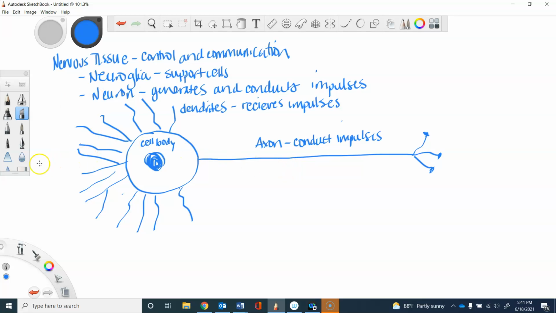So information comes in this direction and the response goes down the axon. Axons, again, they start here and they end at what we call terminals. So axon terminal. So that's one, and that is a terminal. Okay, and it can have several terminals coming off of its one axon there.